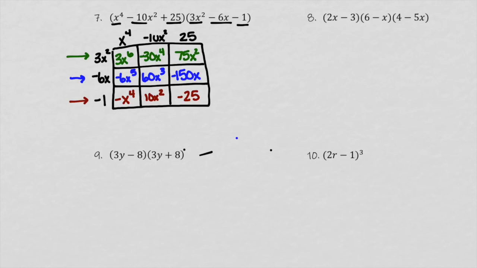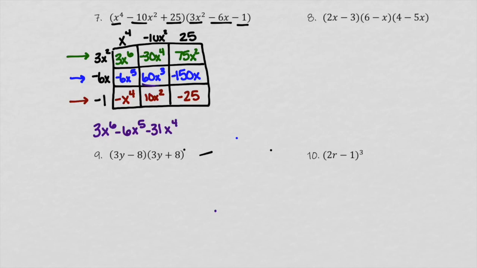All right, we need to find our highest power and collect like terms if there are any. So in this case, 3x to the sixth, highest power, and it's the only x to the sixth. So that's my first term. Then I have x to the fifth, and there's only one of them. So then I have minus 6x to the fifth. I have 2 x to the fourth terms, a negative 1 and a negative 30. Add them together, that's negative 31x to the fourth.